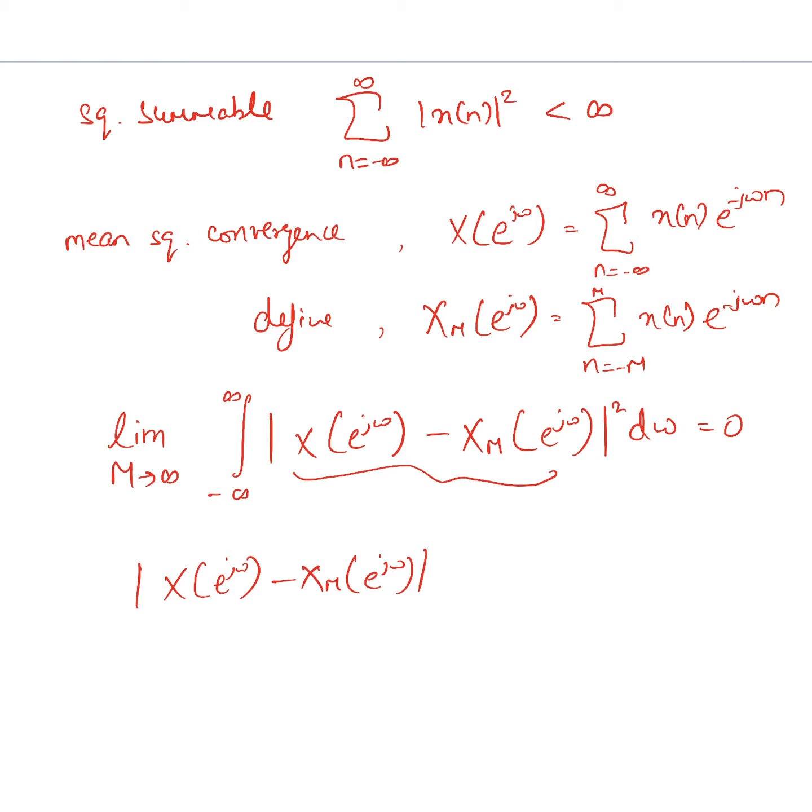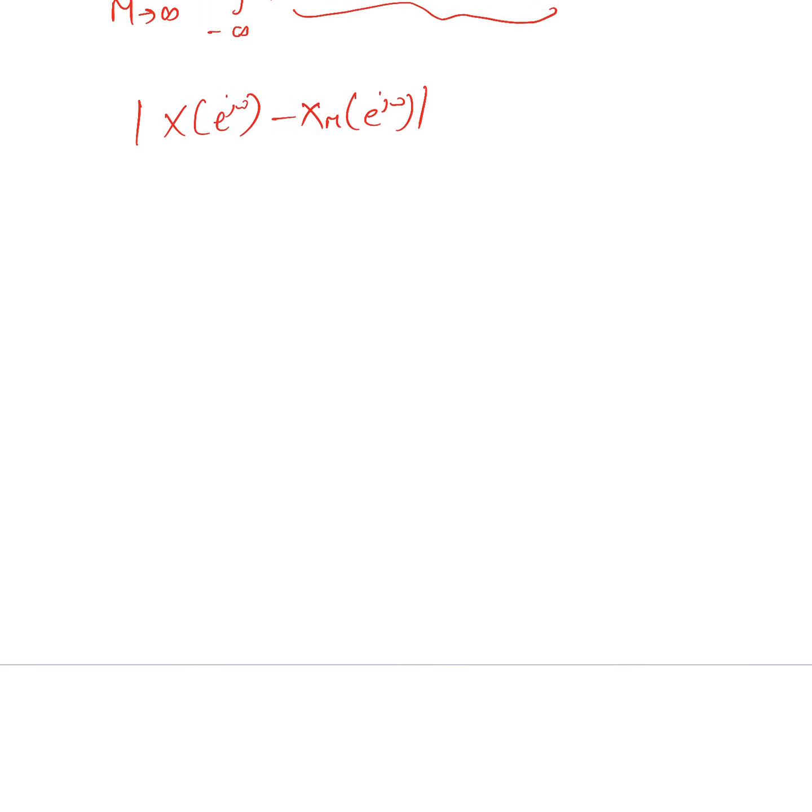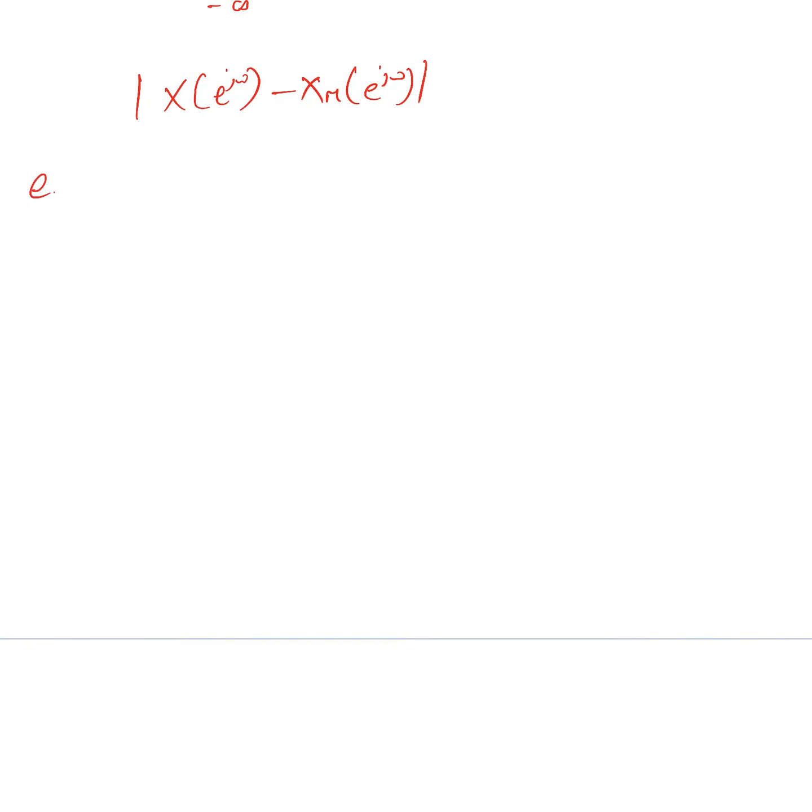Okay, so let's see one example of how we can analyze this. Let's say you are given H(e^{jω}) as 1 for mod omega less than omega c, and 0 for omega c less than or equal to mod omega less than or equal to pi.